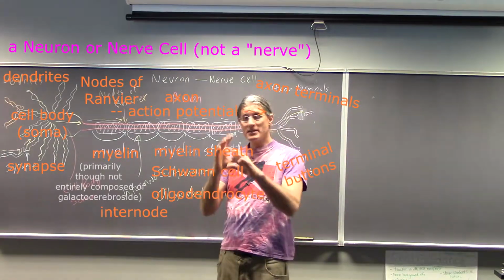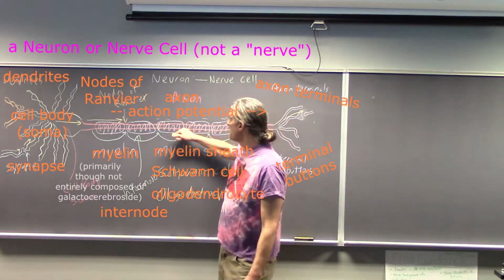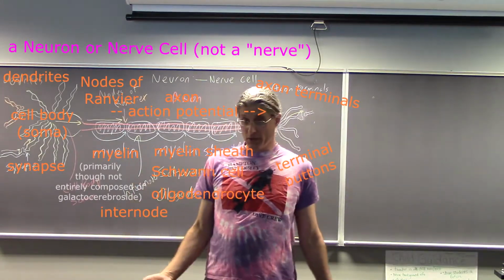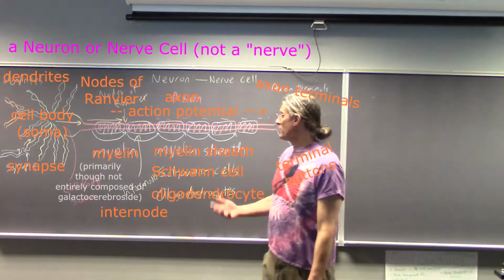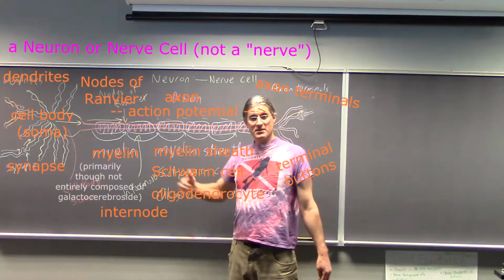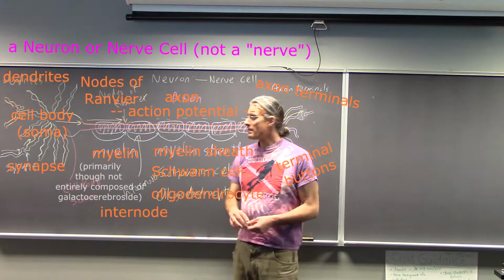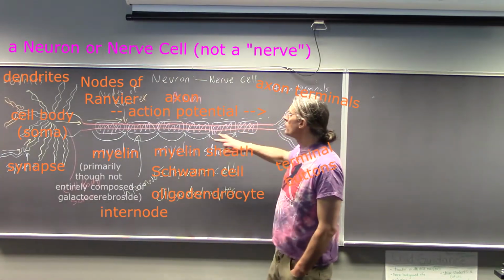But the gathering together of essentially the middle part of the neurons, the axons, is what we call nerves. And the nerves are made up of parts of a bunch of different neurons that are associated with one another. So this is a neuron.